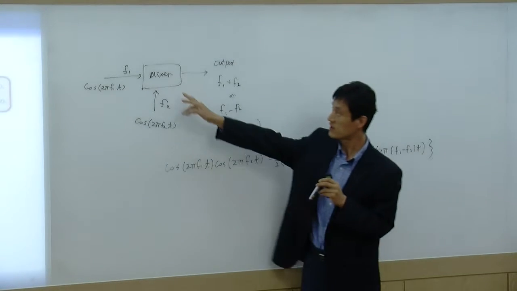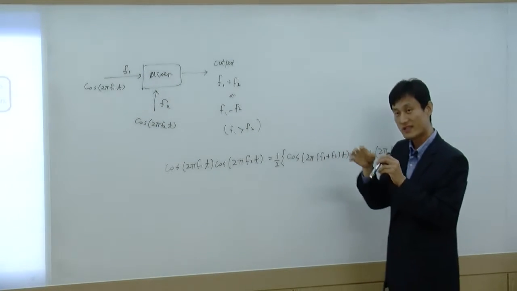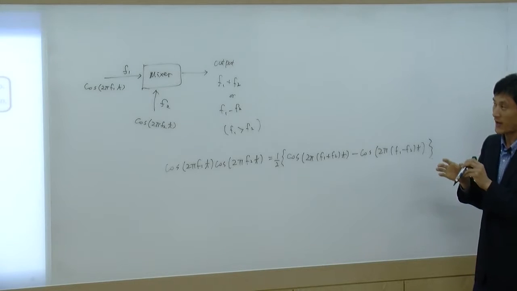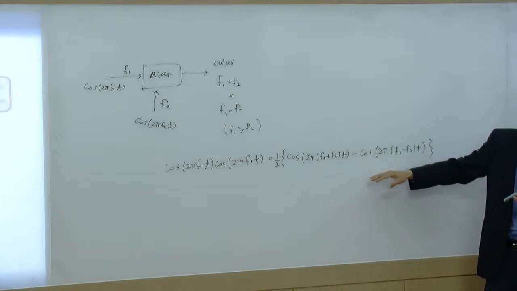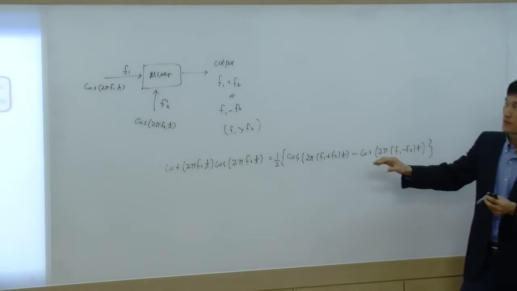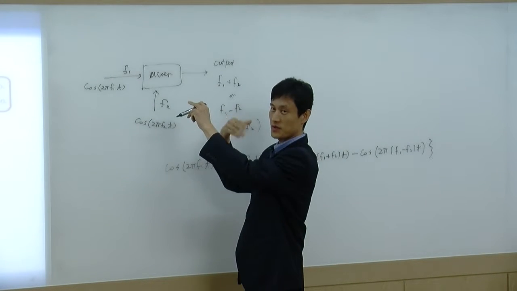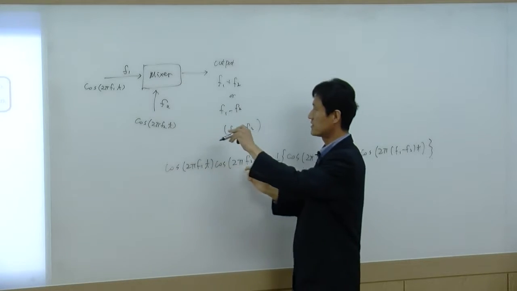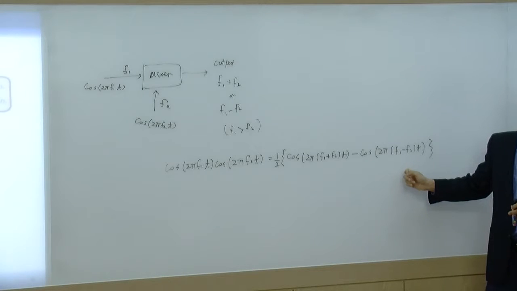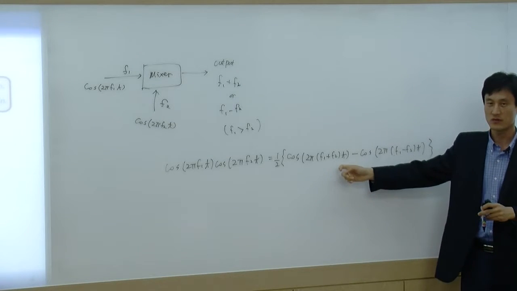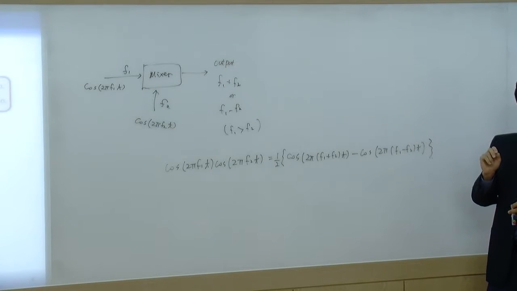Whenever you multiply or mix 2 different frequencies, what's actually happening inside the mixer is that you create 2 new frequencies, f1 plus f2 and f1 minus f2, 2 outputs.